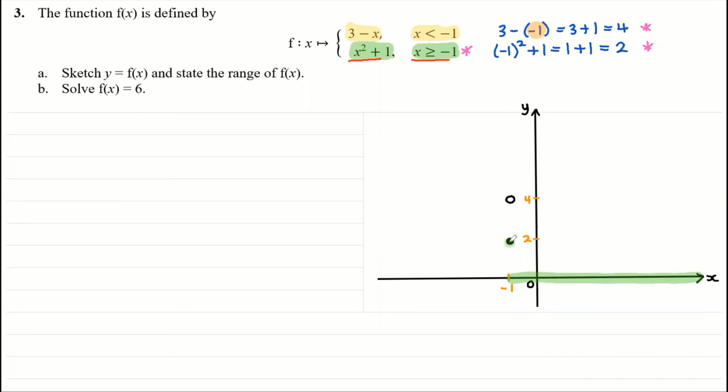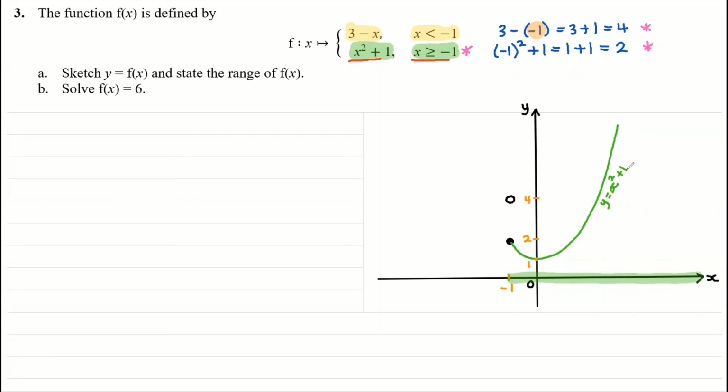So I'm just going to draw this, make sure I'm not on highlighter mode. So if I come down like this, it's going to go through 1, and then it's just going to go up something like that. All right. Okay, and we'll just indicate that y-intercept. So that's at the point 1 here. Okay, so that branch, this is the graph y equals x squared plus 1, okay, for that branch.